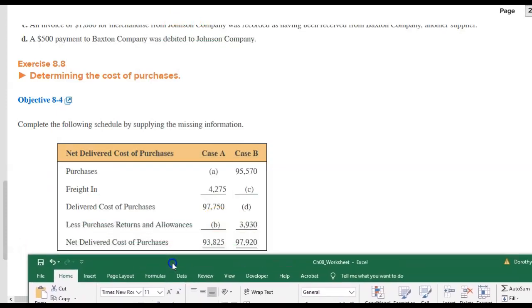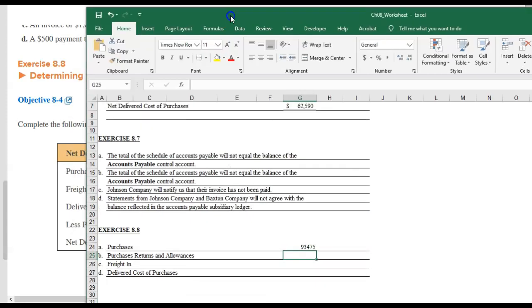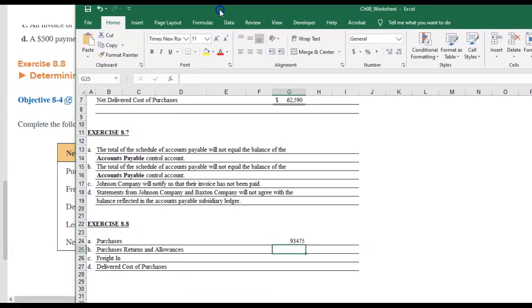No, they want us to figure that out too. So all we got to do is the subtraction between the 97,750 and the 93,825. Okay, we're going to have to throw in the purchase returns and allowances, which is 3,925.